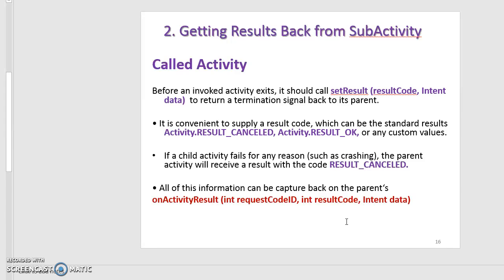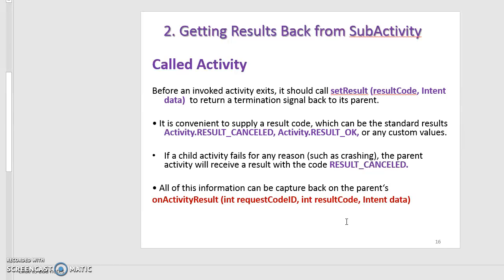The result code has values, which may be RESULT_CANCELED or RESULT_OK. If RESULT_CANCELED, it means the result has not been sent. If RESULT_OK, it means I am sending the right result.